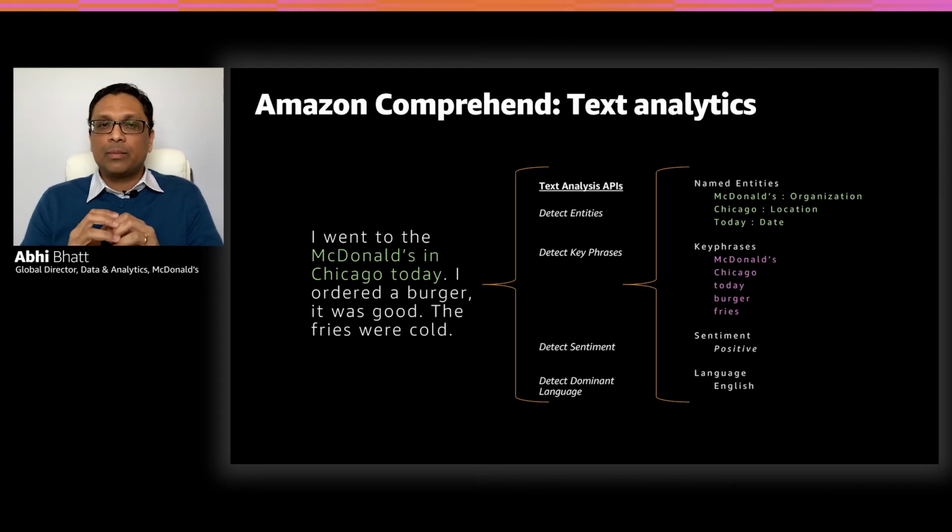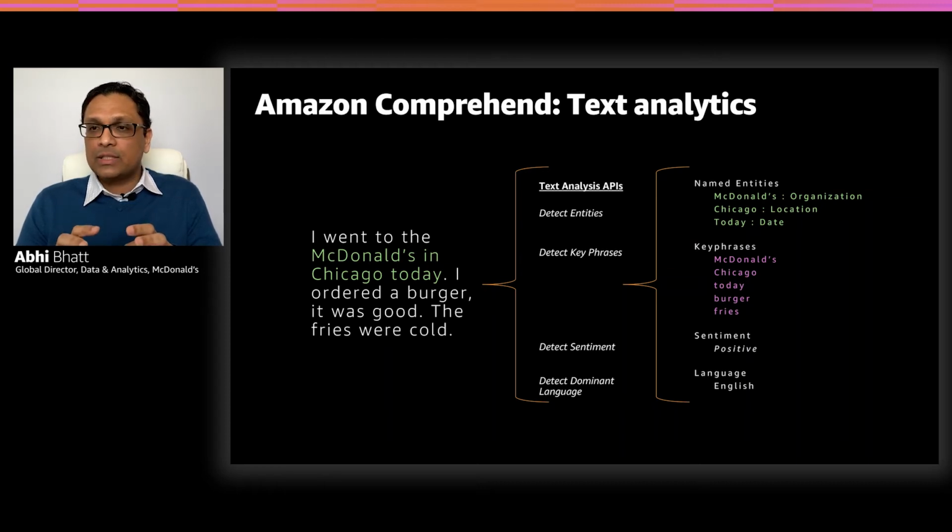Let's continue to build upon this example that we started of a complex comment, and see what we get from Comprehend out of the box. The comment we started was, I went to the McDonald's today. I ordered a burger. It was good, and the fries were cold. Comprehend out of the box provides four key KPIs for this: detect entities, key phrases, detect the sentiment, as well as detect the dominant language.